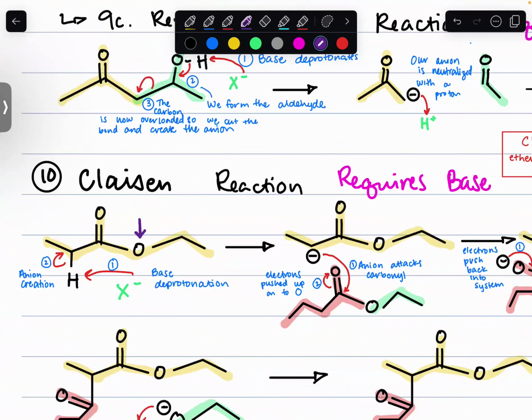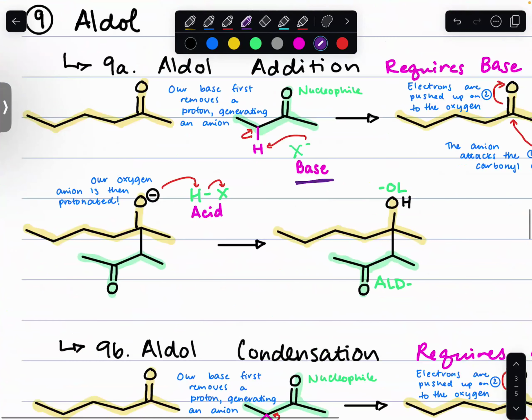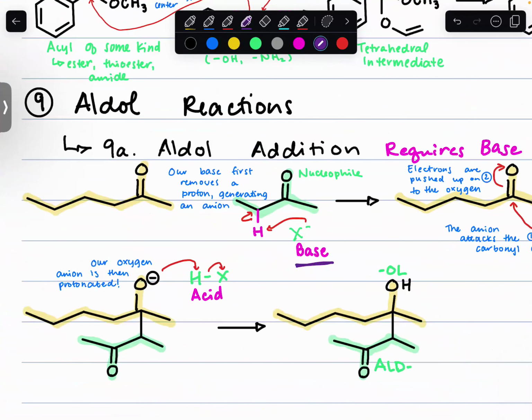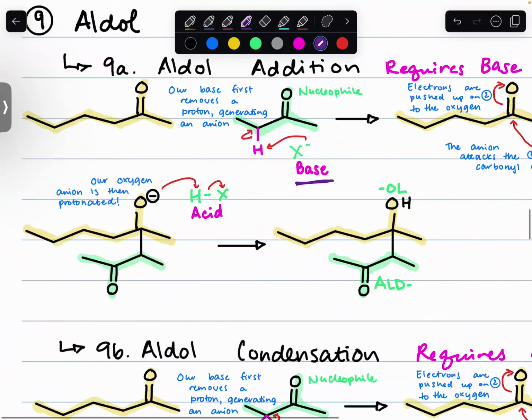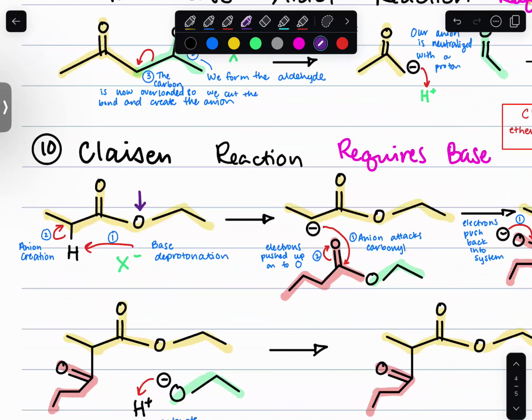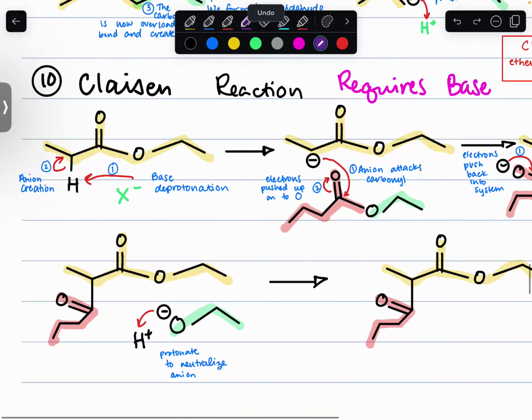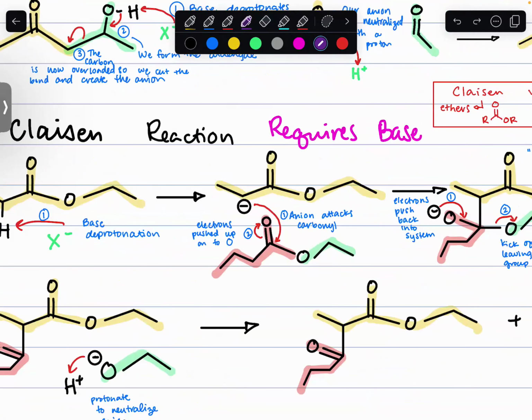This oxygen, in our aldol reactions, there's not a secondary oxygen in these molecules. So our Claisen reaction is going to follow a very similar mechanism, but we're going to lose one of those secondary oxygens. So we have the same first steps where it's base deprotonation, and you make the anion, that negative charge.